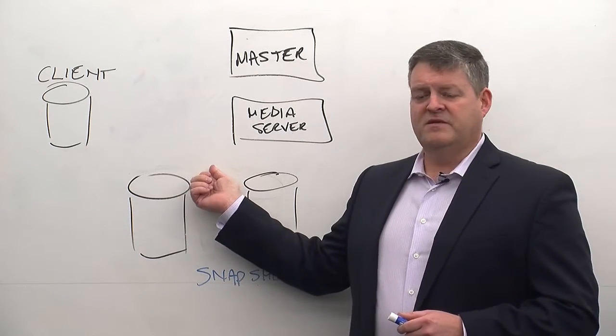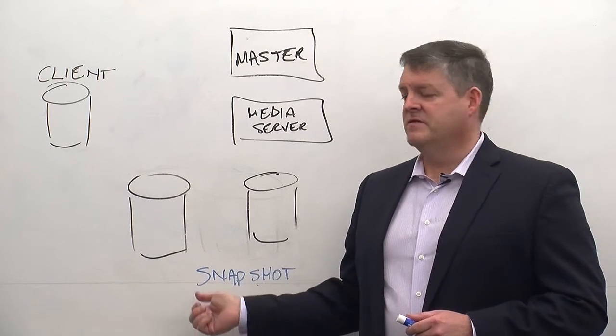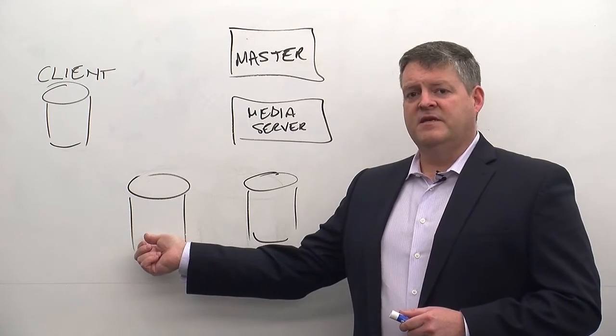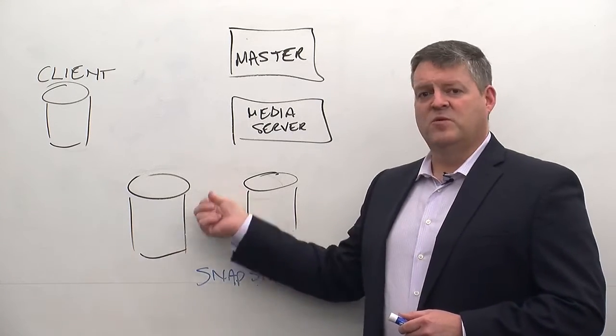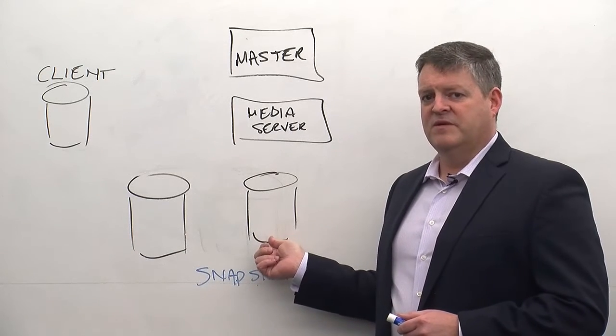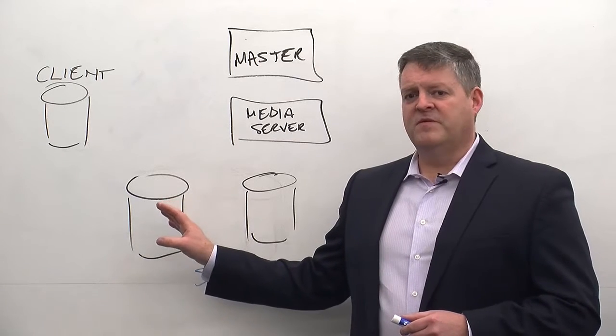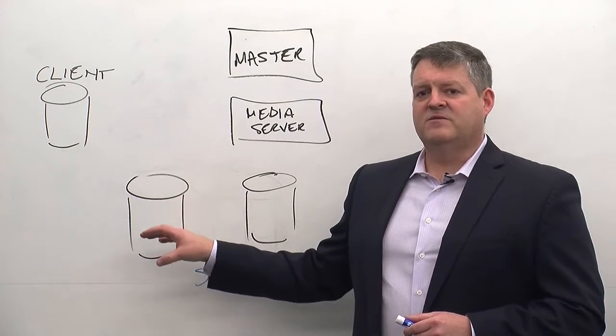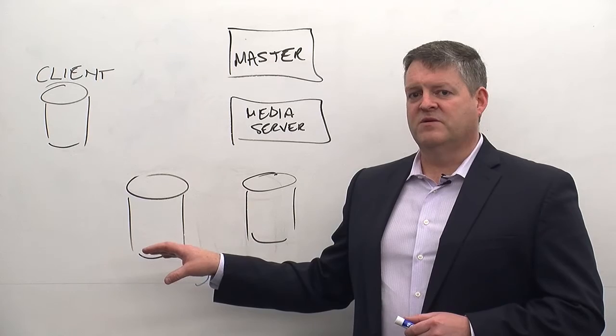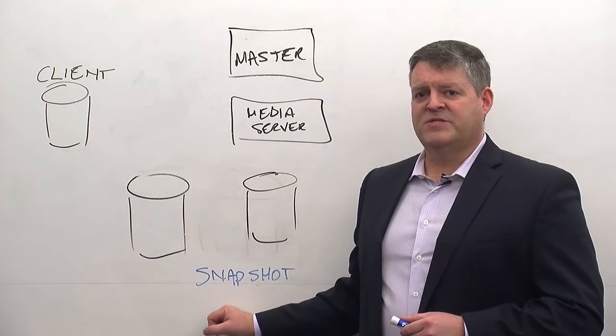We also have one that works with a mirrored method. So we'll mirror the disk image from here to here, we'll break that mirror, and then we'll back up the mirrored copy. But ideally what we're looking to do is get away from interrupting or any downtime on the primary data volume.